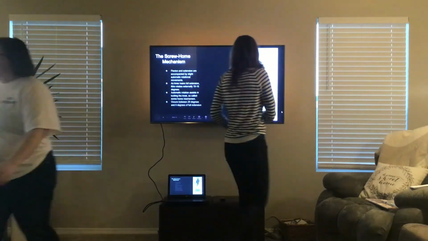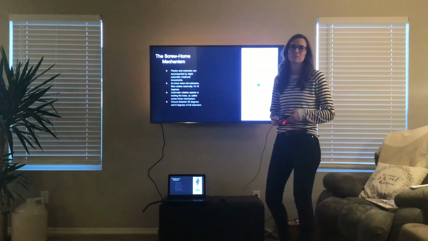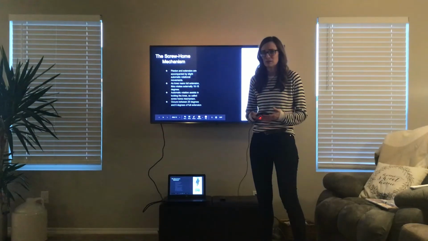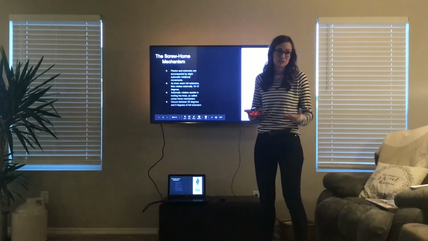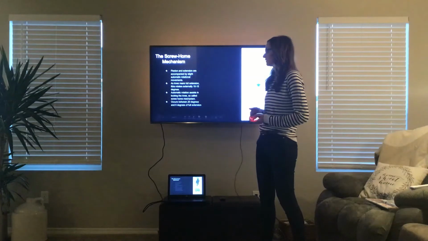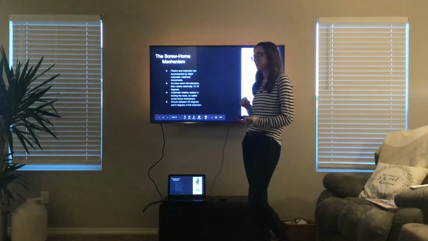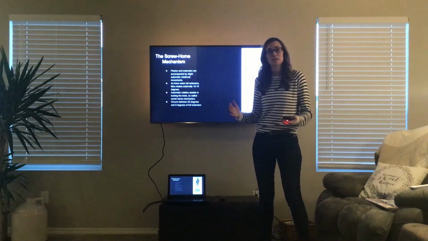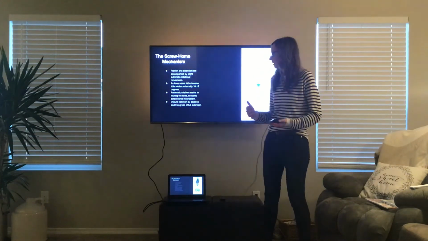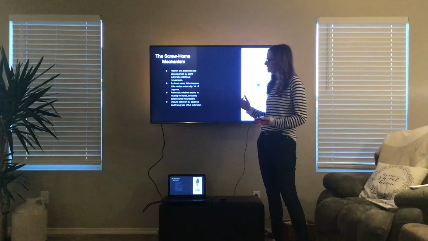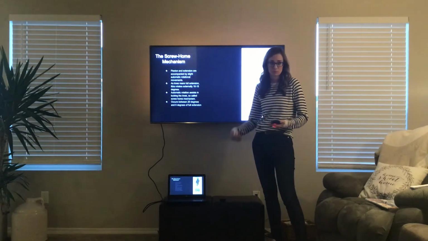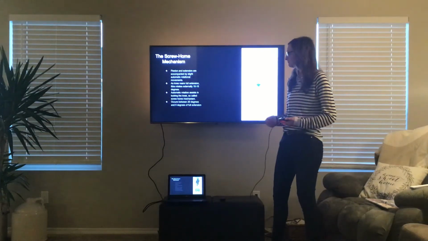Okay, so we're going to take a moment and talk a little bit about the screw home mechanism. The screw home mechanism is what provides your knee with stability. You can think of it as the key to your home. It is what locks your knee into place when you are in extension. Flexion and extension are accompanied by a slight automatic rotational movement between the femur and the tibia.